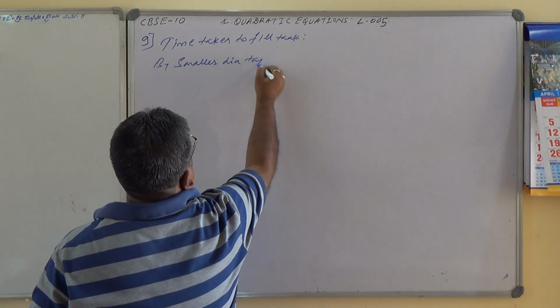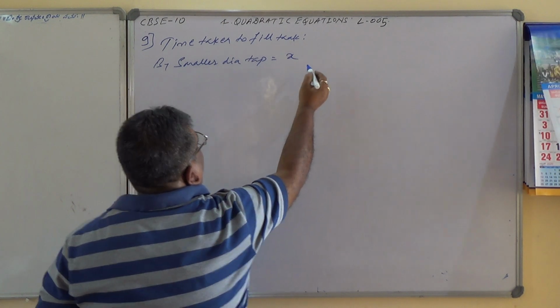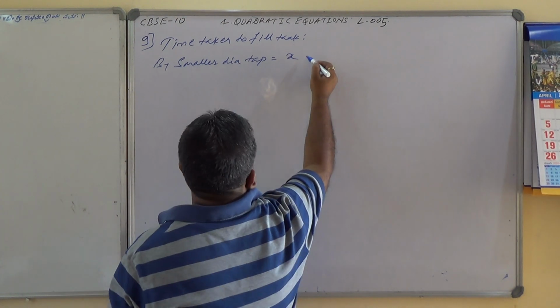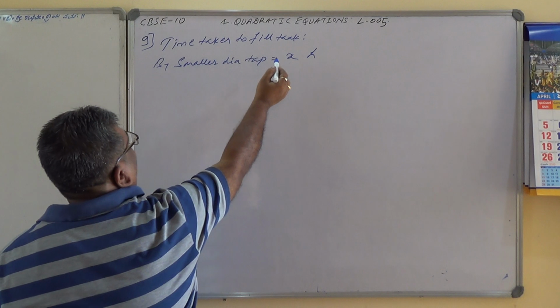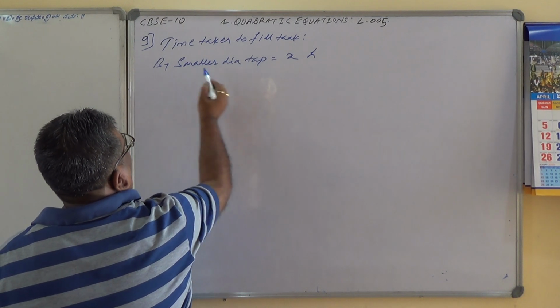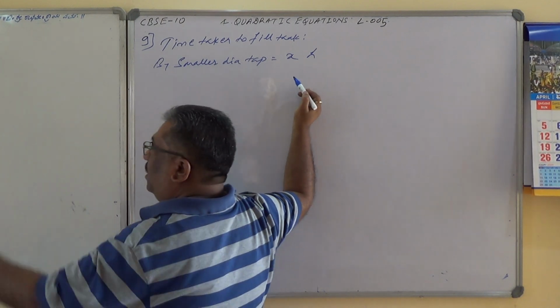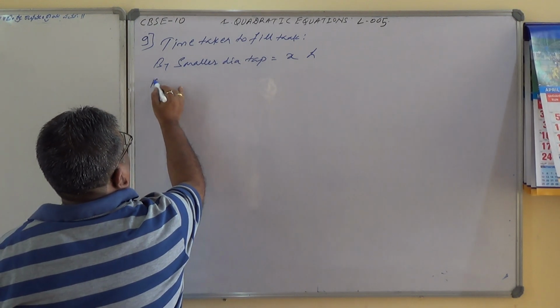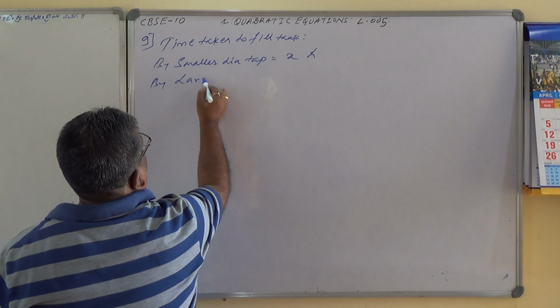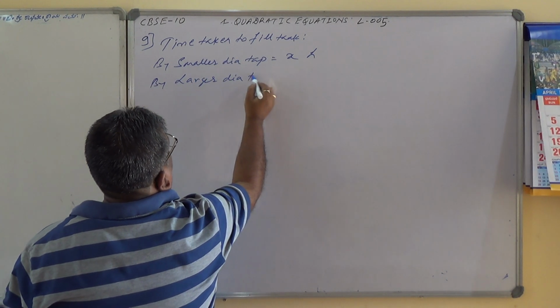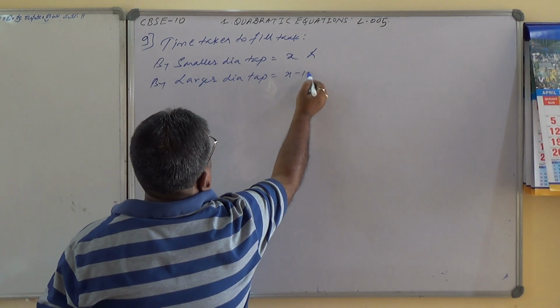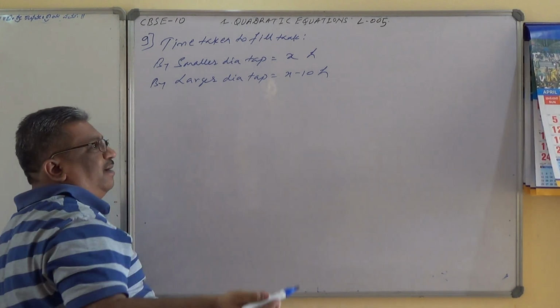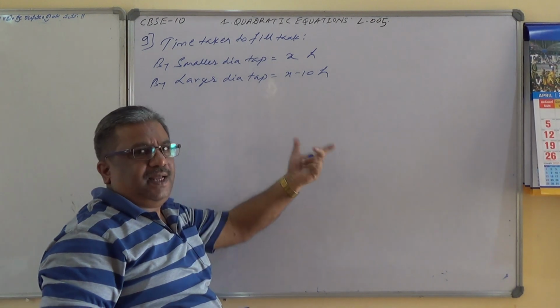The time taken to fill the tank by the smaller diameter tap is x hours. So the larger one will take x minus 10 hours, because with a bigger diameter it will definitely take less time than the smaller diameter.